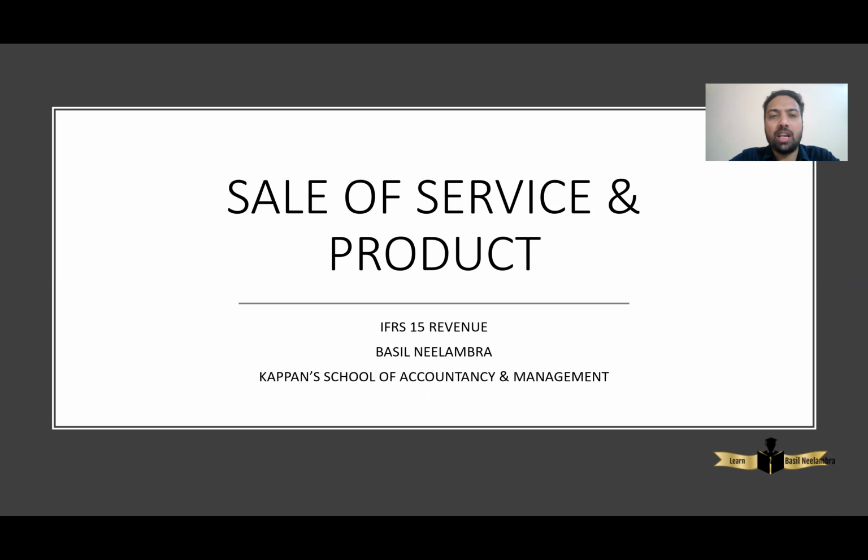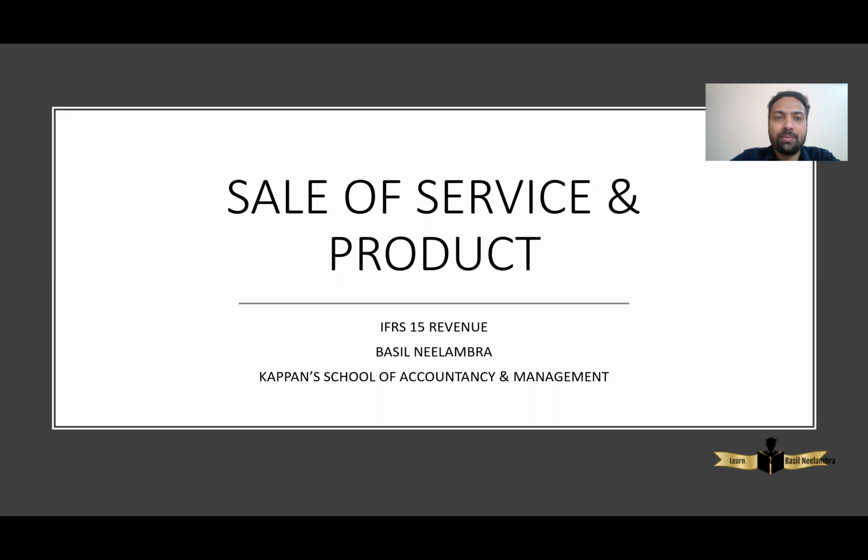In today's video class, let's quickly look into how to account for a sale of service and product. Normally in your ACCA financial reporting examination, the examiner will give you a combined sale of product and service. Then they'll ask you how much revenue should be recognized for service and how much revenue should be recognized for product in the case of a combined sale.